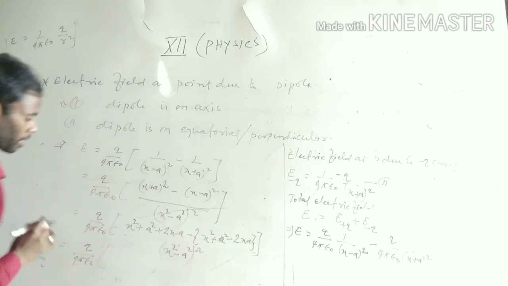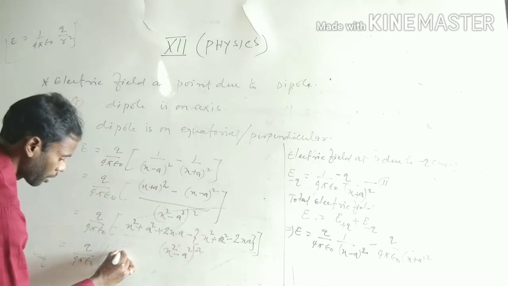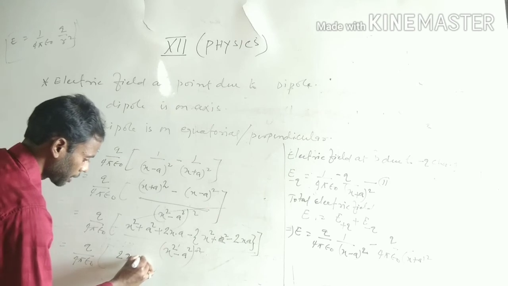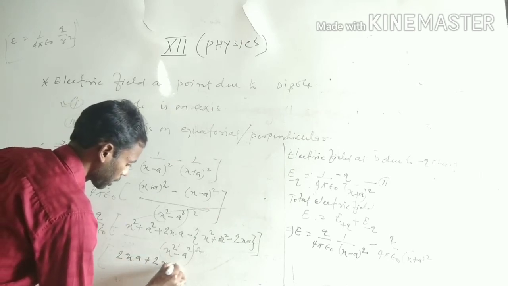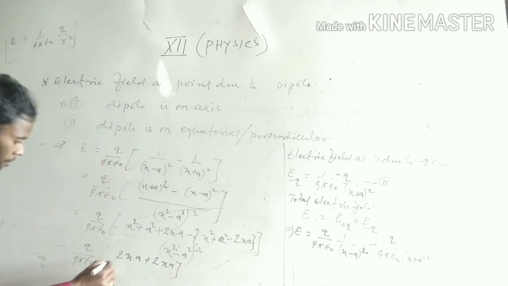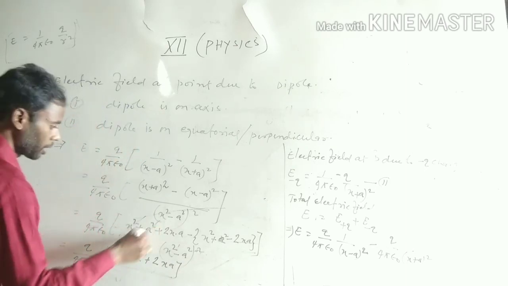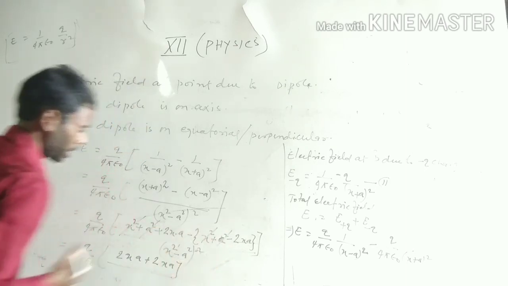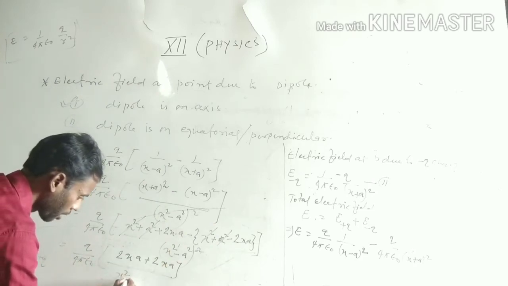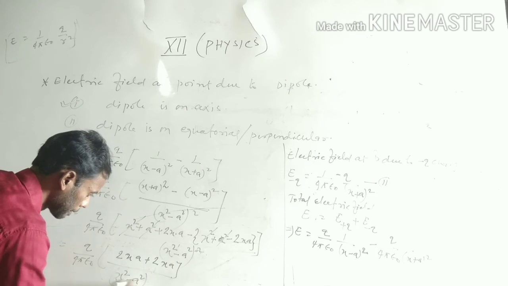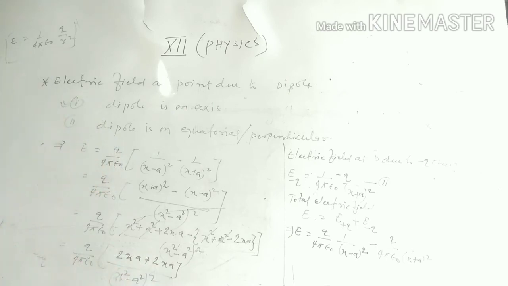This term will cancel out, and 2xa plus 2xa remains. Divided by x square minus a square whole square.